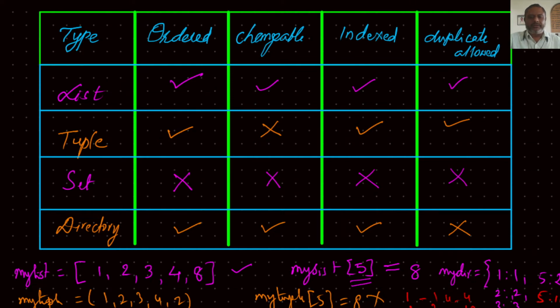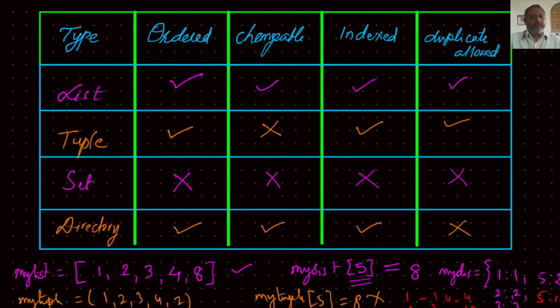The effect of this is, because the size is changeable, extra memory is allocated while defining the list. Therefore it takes more space, whereas a tuple needs less space.